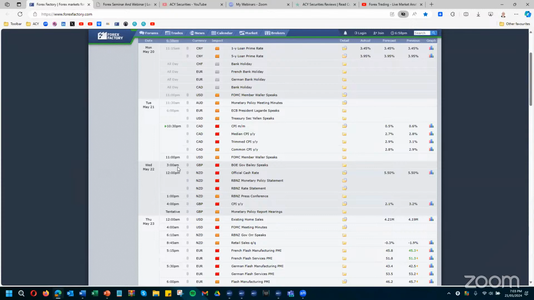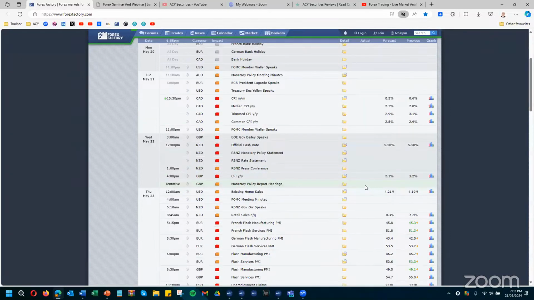Then into Wednesday, early morning at 3 o'clock for the pound, the Bank of England Governor speaks. Tomorrow at midday, New Zealand has the official cash rate and policy statement, with a press conference at 1 p.m. Not expecting any change there. We also have the UK CPI year on year, expecting quite a movement down to 2.1%.